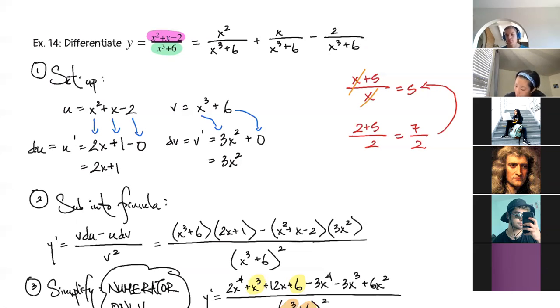So what I mean by that is if I had x times 5 over x, everything is multiplied on the top, everything is multiplied on the bottom, then I can reduce and I get 5. And if I plugged in a number, 2 times 5 over 2, I would get 10 over 2, or I would get 5.